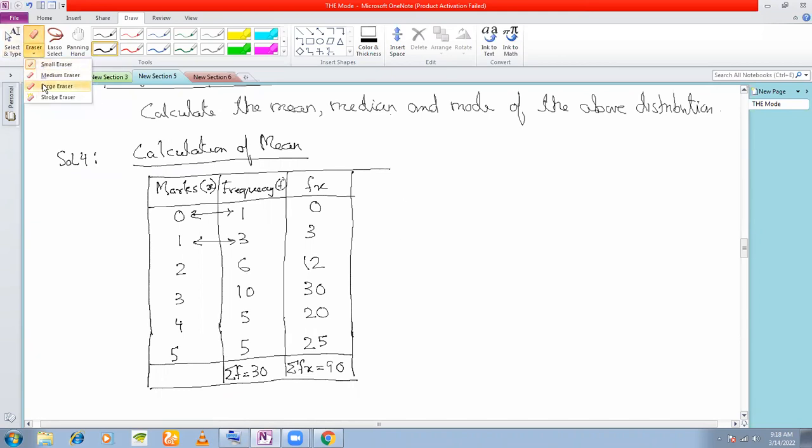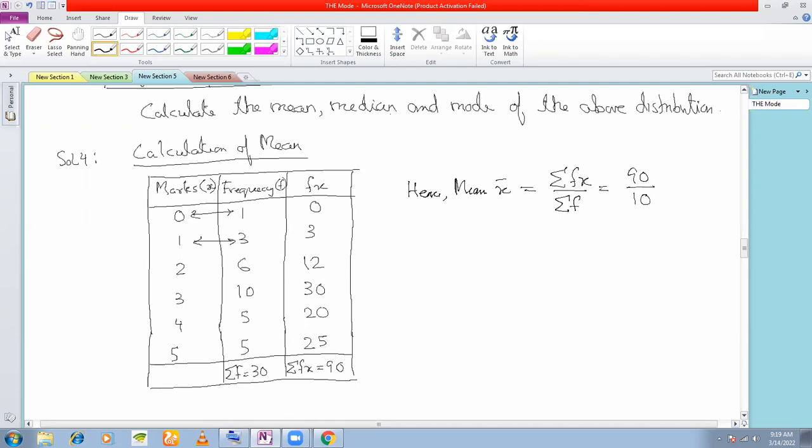So this completes our table with 3 columns. Hence, mean x bar is equal to summation Fx divided by summation F. Summation Fx is 90, as we have calculated in the table. Summation F is 30. So this will give you mean as 3. Okay, so that completes the first calculation, which is mean.